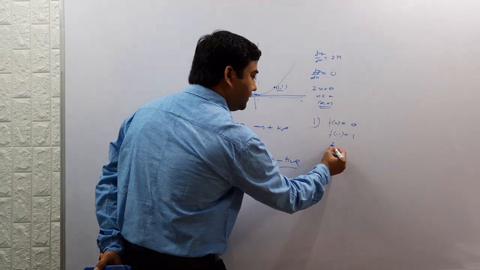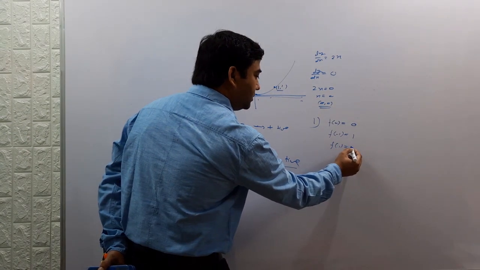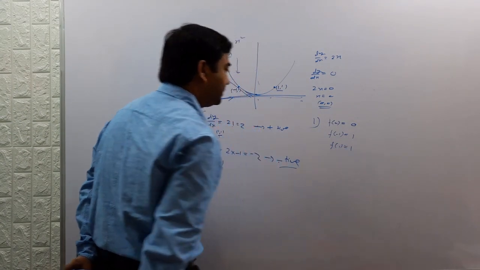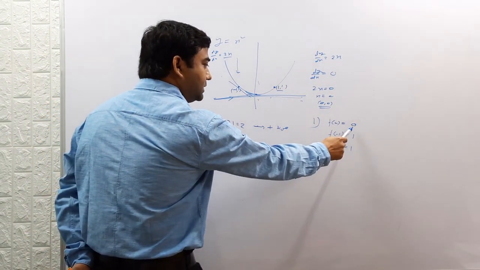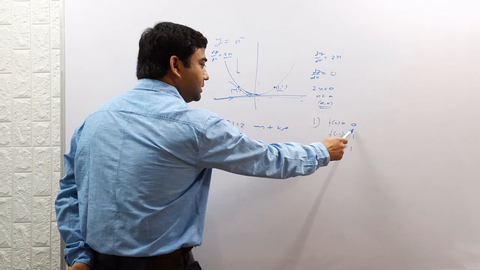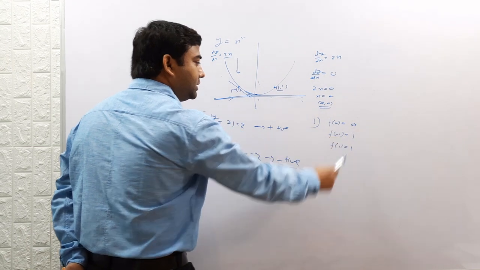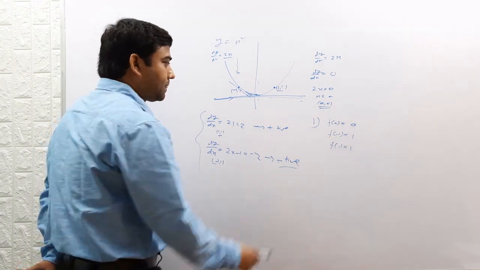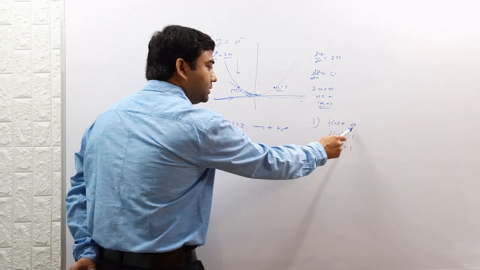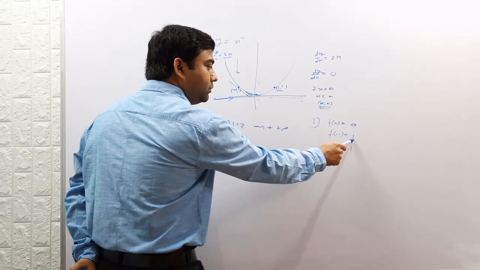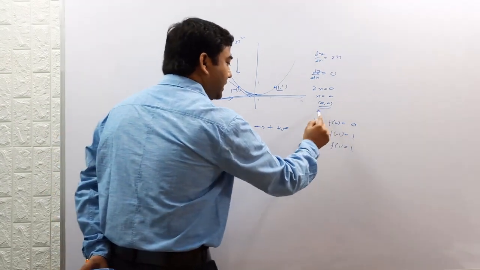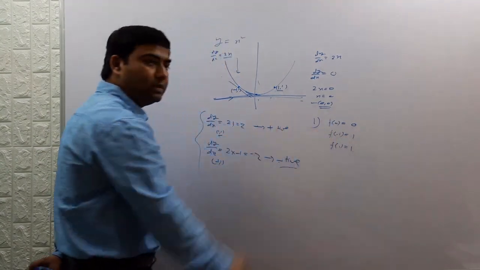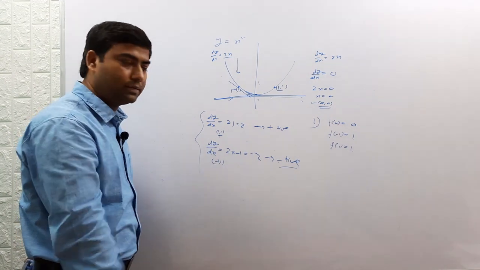Slightly right, f(1) is equal to 1. So you can see the value of the function at the turning point is minimum. Before the turning point and after the turning point, the value is 1. That means at (0, 0), this function is minimum. This is one method.